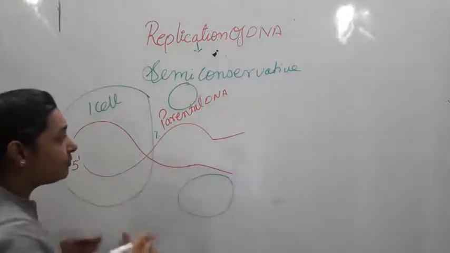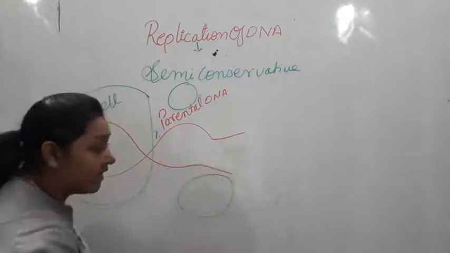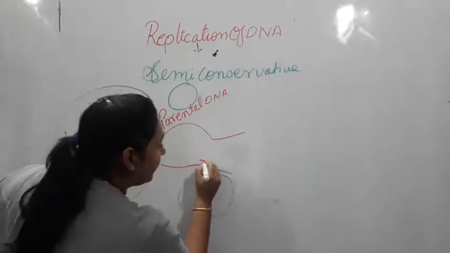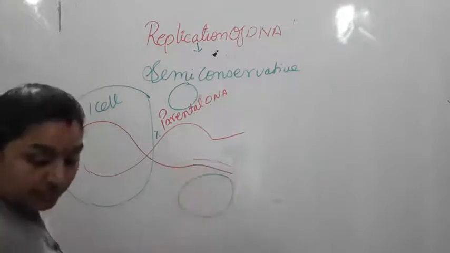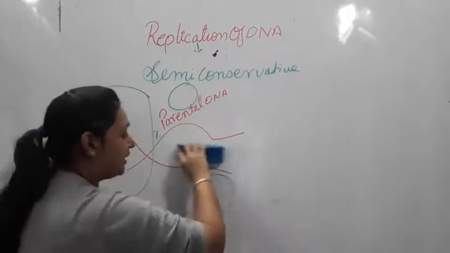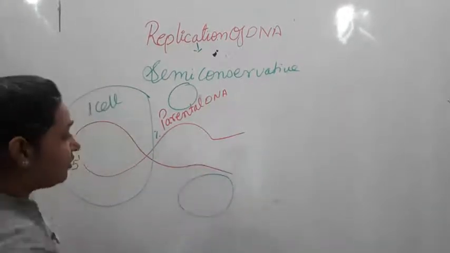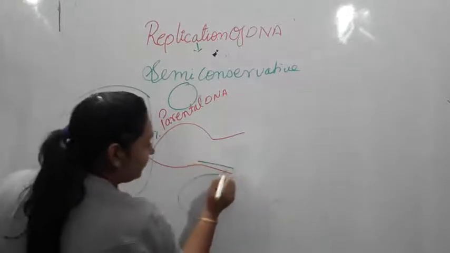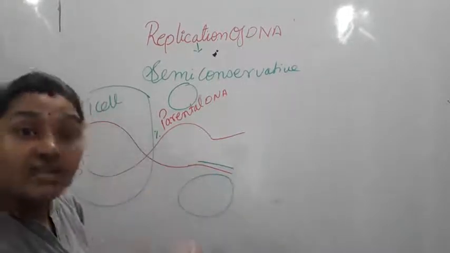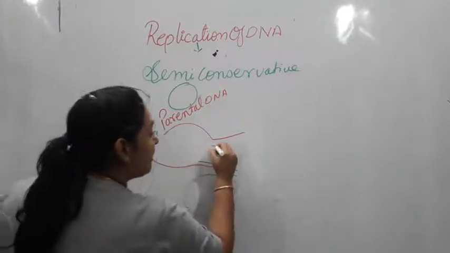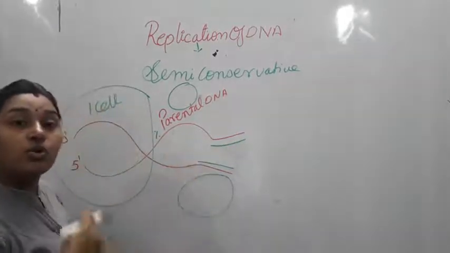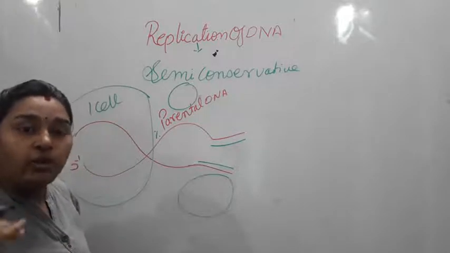So for that purpose, if this one is there and this one is there, this is going to make it identical like this. I will mark it with the colored pen, for example, to let you understand in a much better way. You just see this one. It will synthesize its own kind, its own type. Same way here, this is also going to synthesize its own kind, its own type.